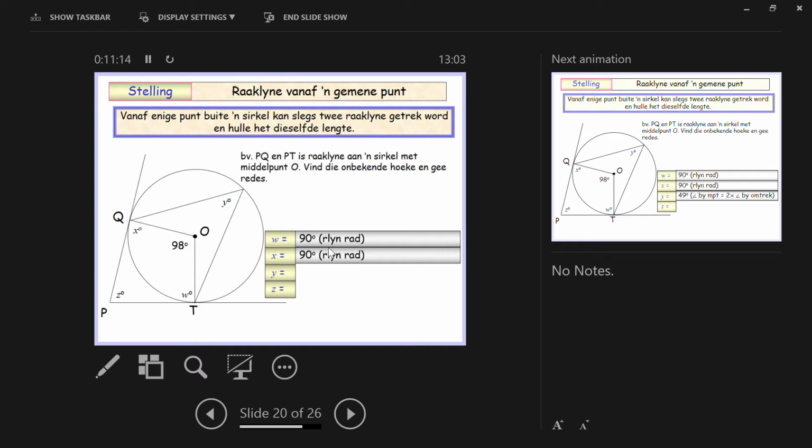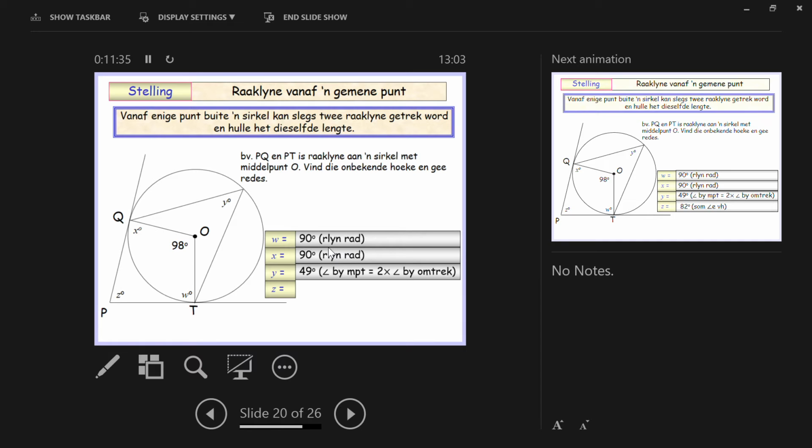Okay, look. The midpoint angle 98 will be double the circumference angle. Nice. So right there, 49 degrees, and your reason would be angle at the midpoint is double, or 2 times, the angle at the circumference.